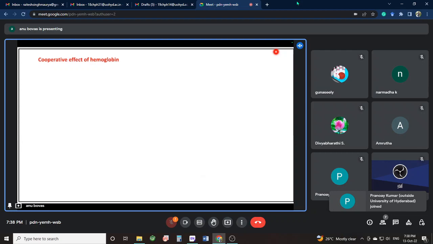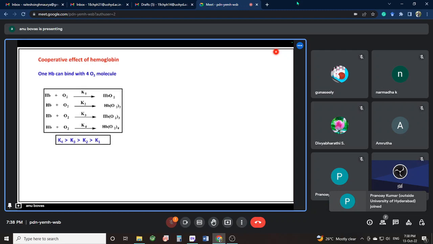Now, like I told you about the cooperative effect, when one oxygen is bound with hemoglobin we get HbO2. This will trigger the other hemoglobins to also bind with oxygen, and it will bind to the next, and next.